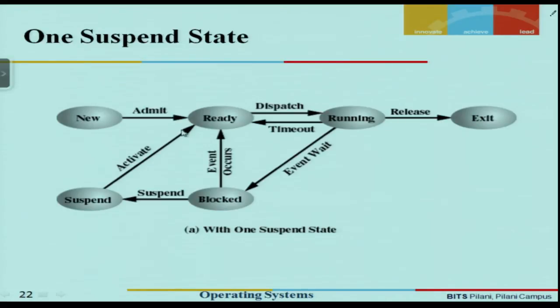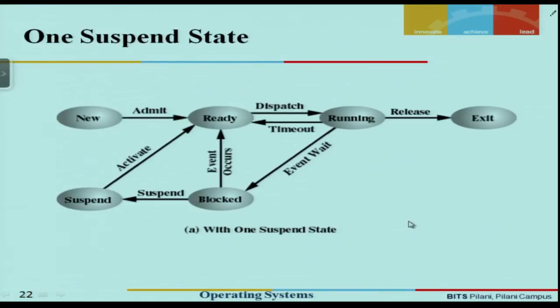And it is quite possible that when the event occurs, at that point in time the memory is not available. If the memory is not available, you cannot move the process from a suspended state to a ready state. So this particular 6-state model, we can clearly see, is not going to serve the purpose.